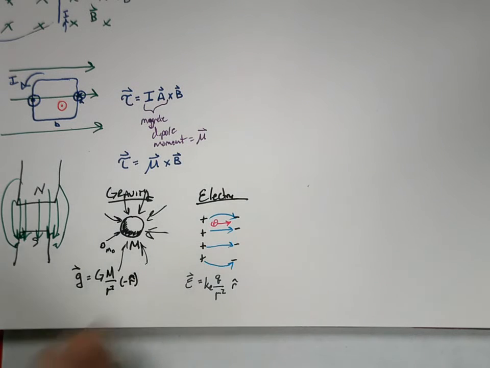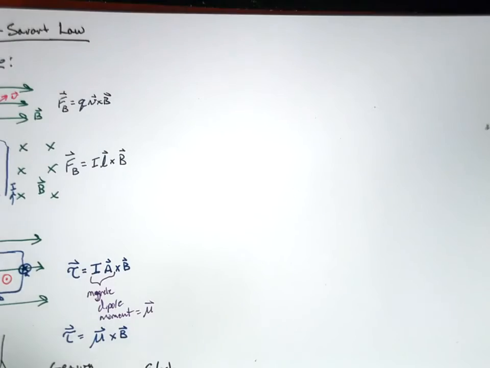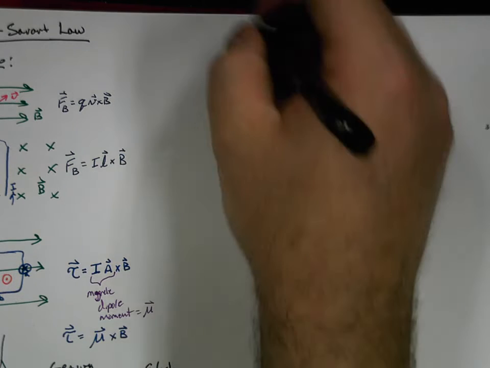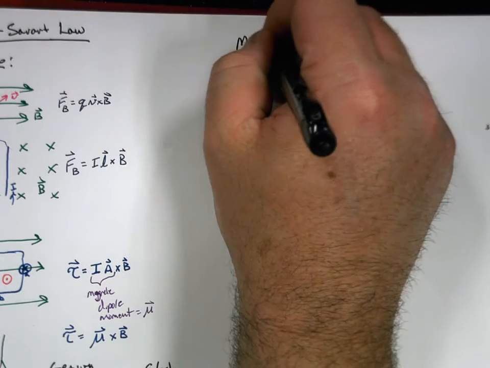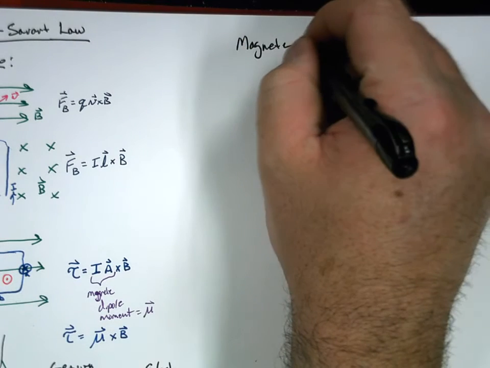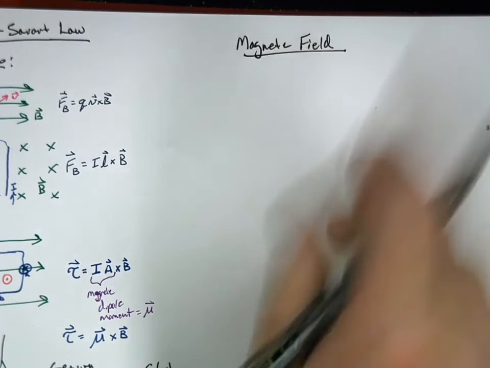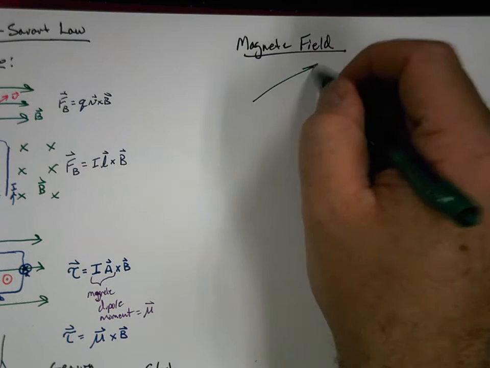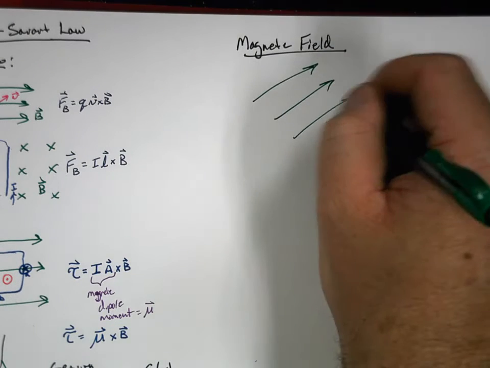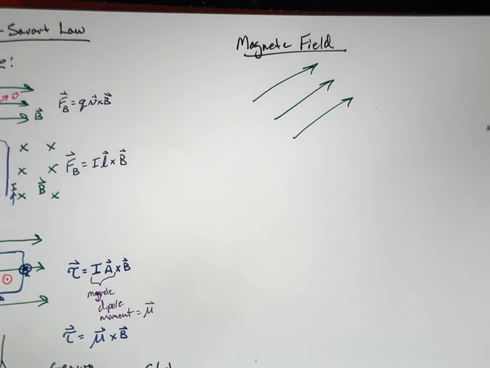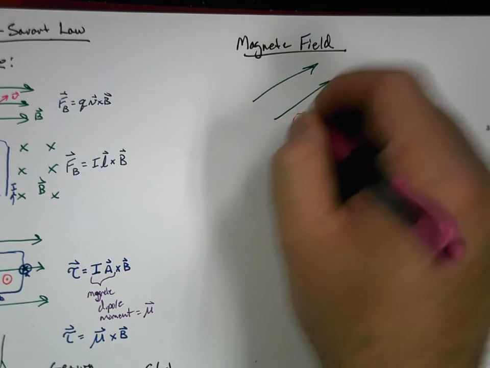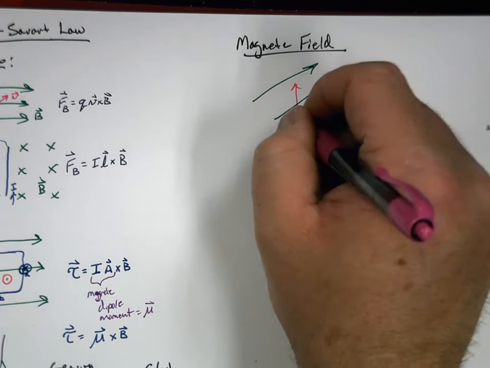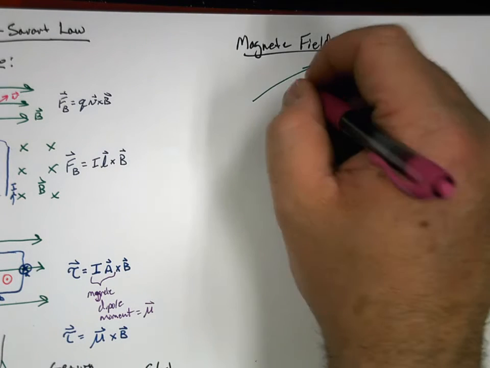Well, that brings us to our magnetic field. What happens in a magnetic field? What is really the cause of the magnetic field? For a magnetic field, we have these lines, and we have our particle that moves like that with a velocity.